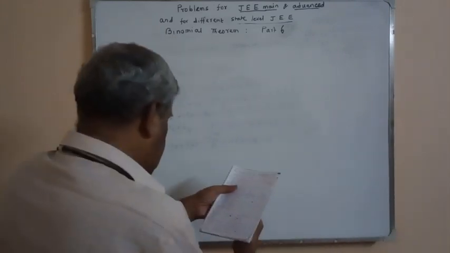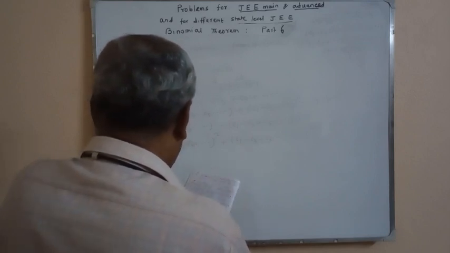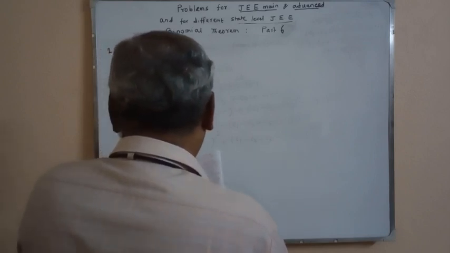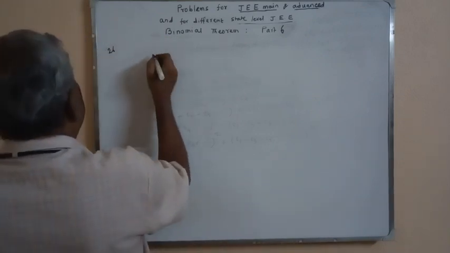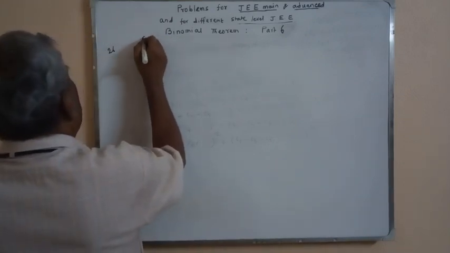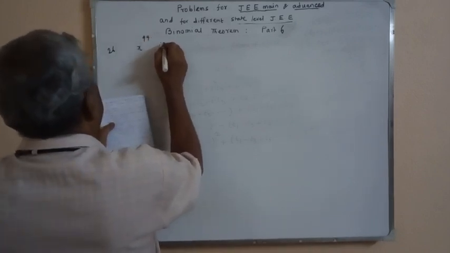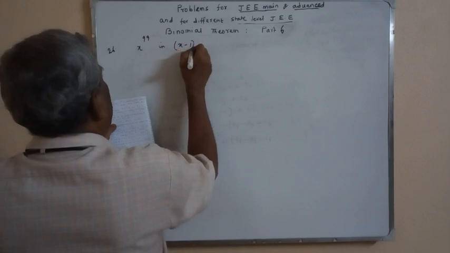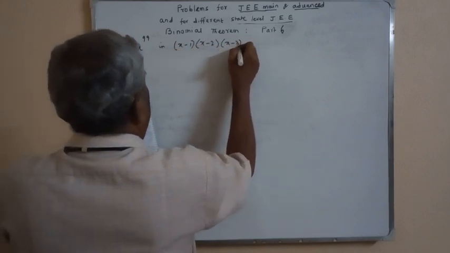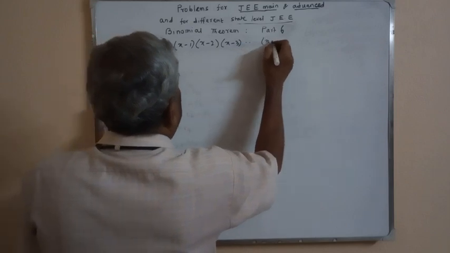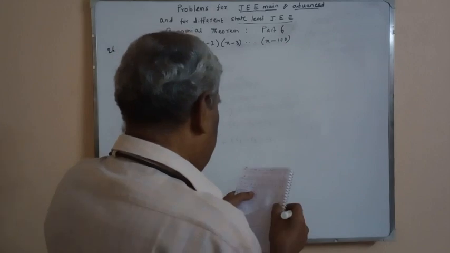Problem number 26: the coefficient of x to the power 99 in (x minus 1)(x minus 2)(x minus 3) up to (x minus 100) is how much?